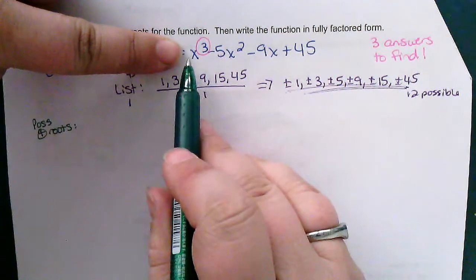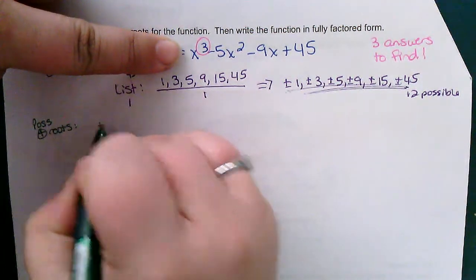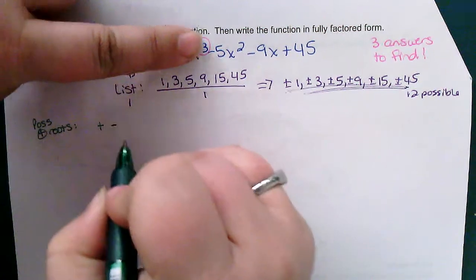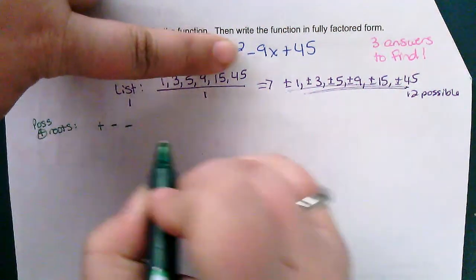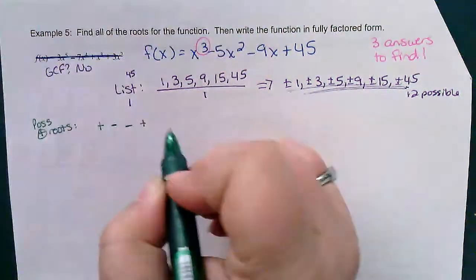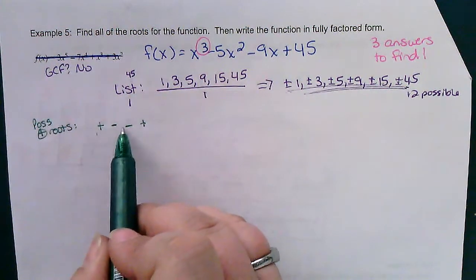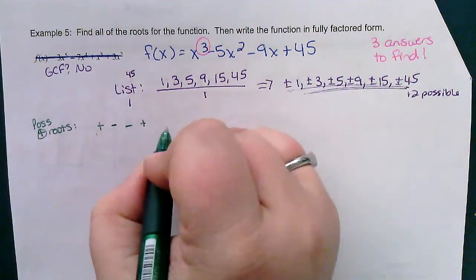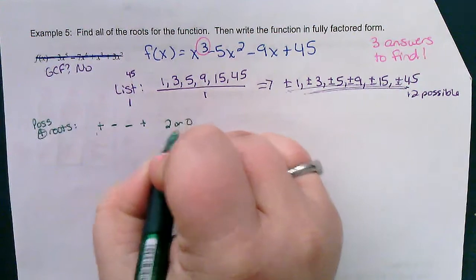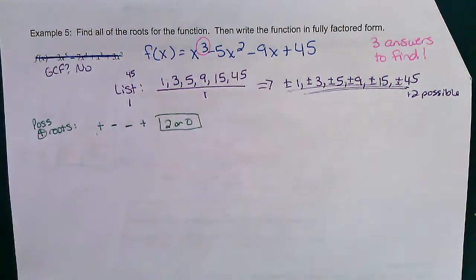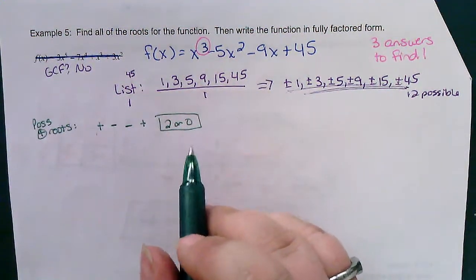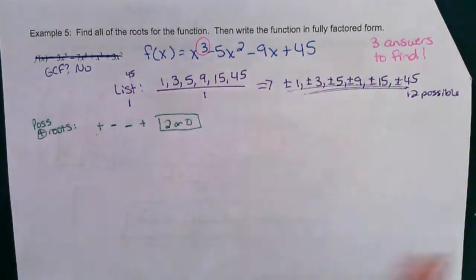So this one doesn't have anything in front of it, so it's a plus. This one has a minus in front of it. This one has a minus in front of it. And this one has a plus in front of it. So I went from plus to minus and minus to plus. So that's 2 or 0 sign changes. And you did that a lot in your 5.5a assignment, so hopefully you know how to do that.